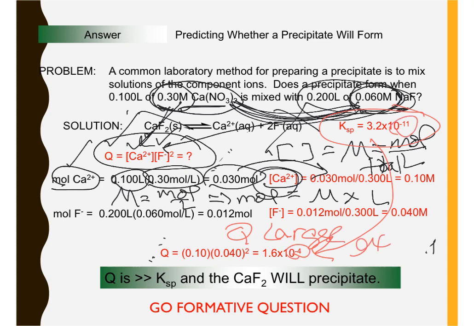So we have exceeded the solubility. There's way too much ion in there, which means it's going to go to the left and make more precipitate, okay, until the Q value gets much smaller than it is.